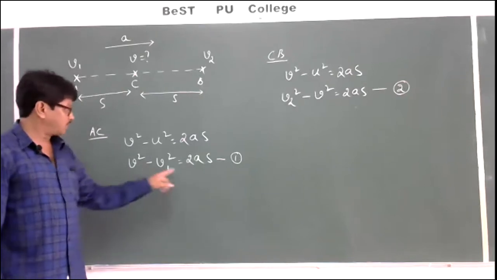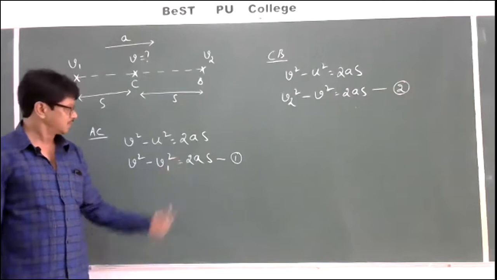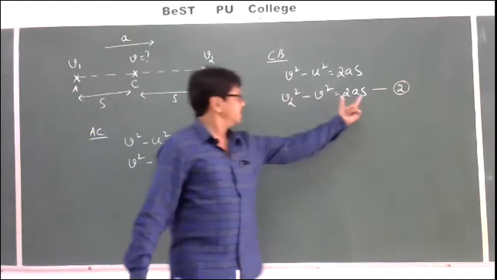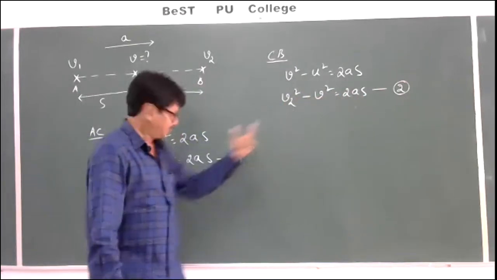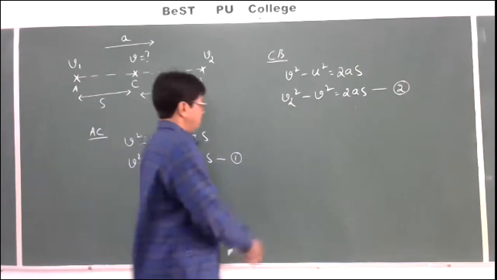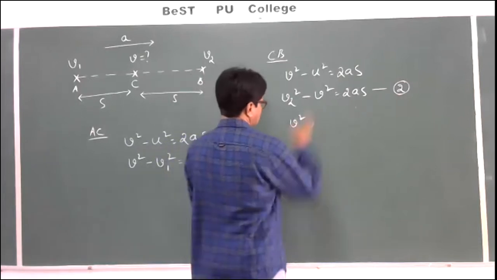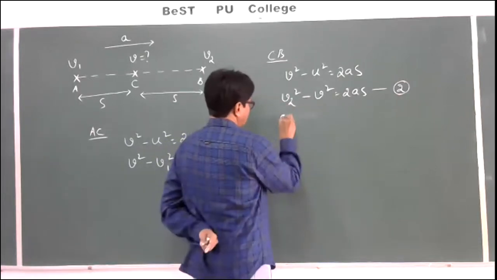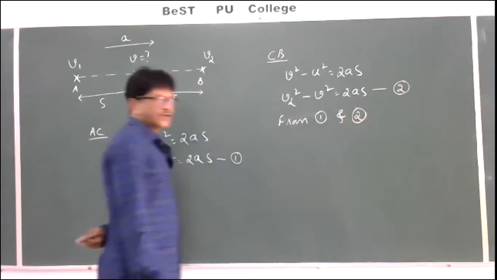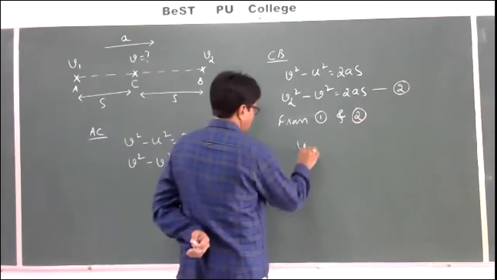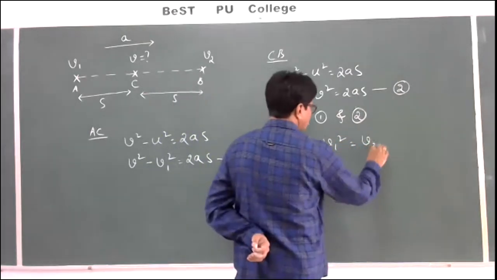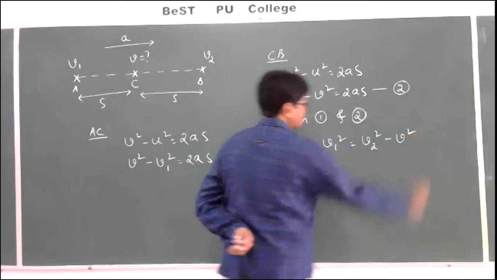Here, from equations 1 and 2, 2AS is equal to something, and 2AS is equal to something, therefore something is equal to something. Based on that, V square minus V1 square is equal to V2 square minus V square.